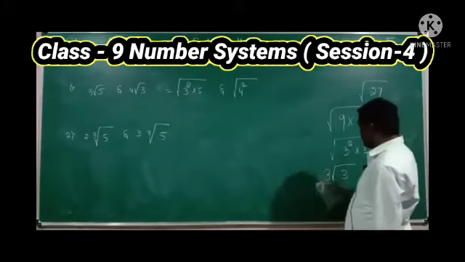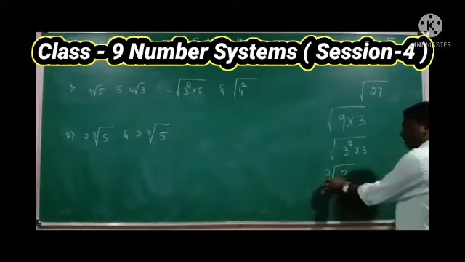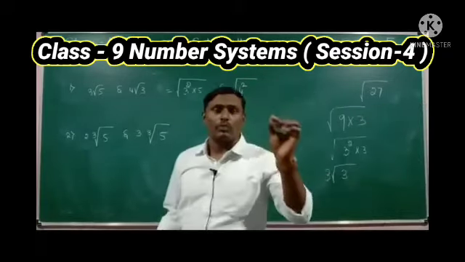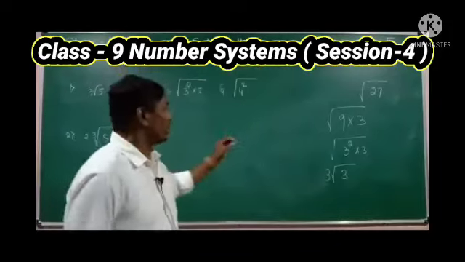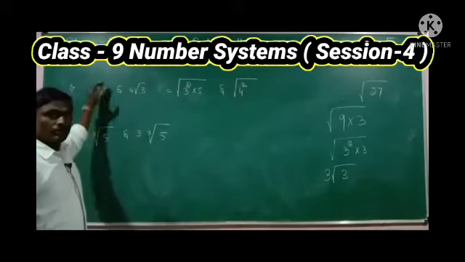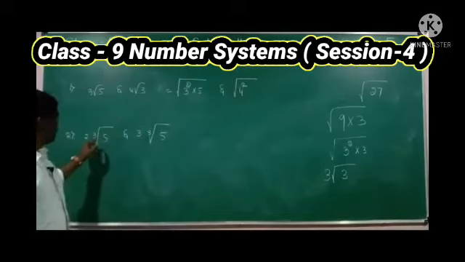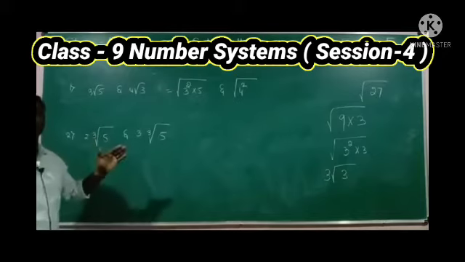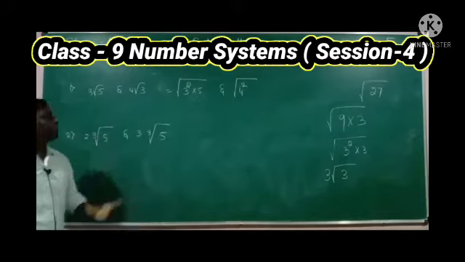Like that, once we take a number into the interior part of the square root, the power is included on the top of the number. If it is square, we multiply 2 times. If the order of the radical is 3, we multiply the same number 3 times.